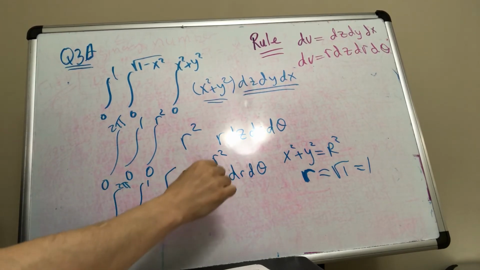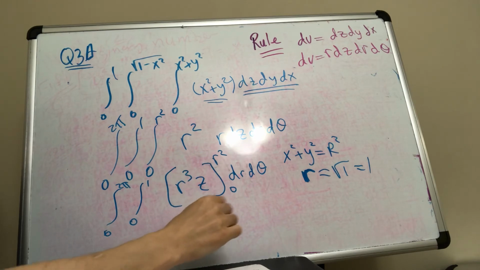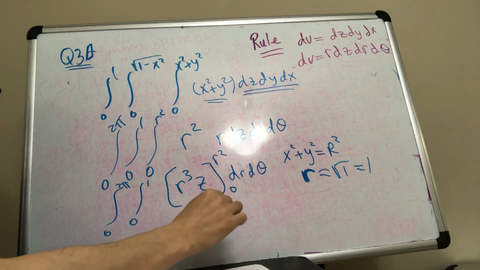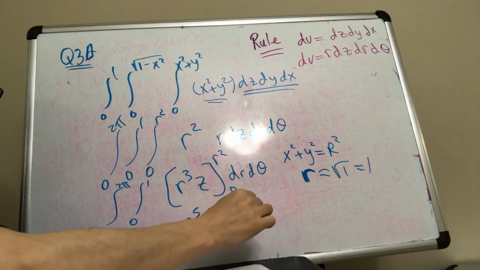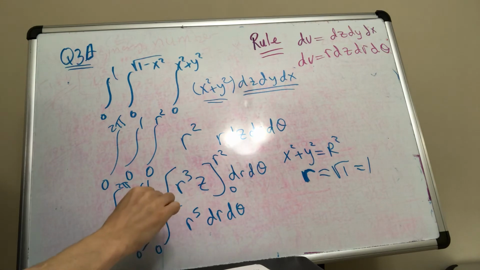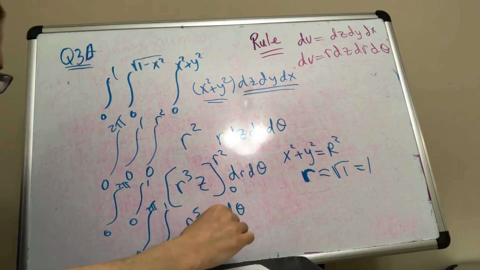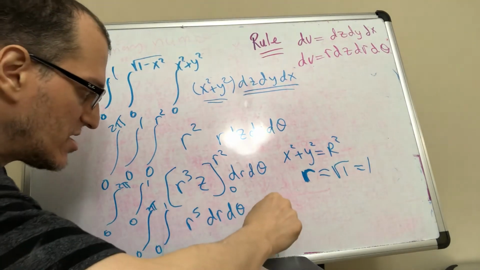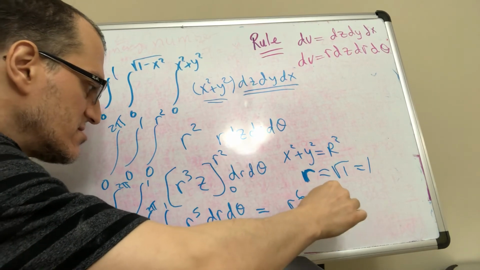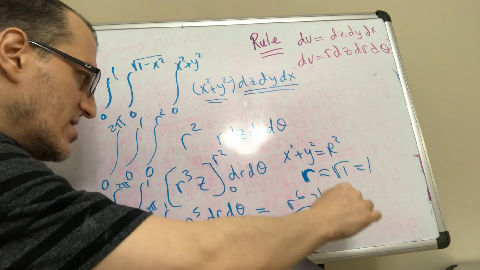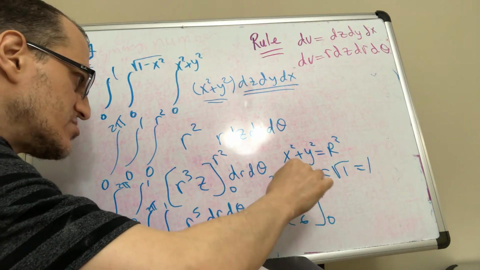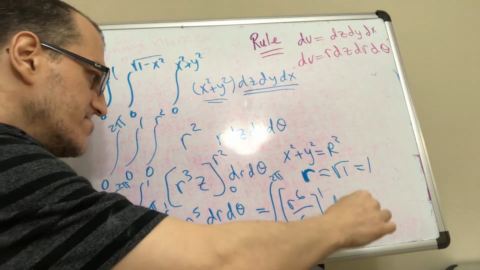You plug r squared, it becomes r to the 5th minus 0 cancels out, so you have r to the 5th dr d theta, 0 to 1, 0 to 2 pi. If you integrate with respect to r, that would be r to the 6th over 6, and you have the 1 and the 0, and you're still integrating from 0 to 2 pi d theta.